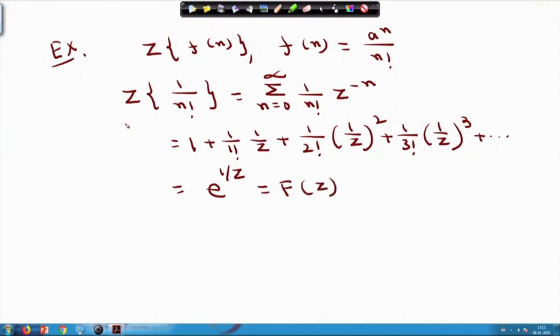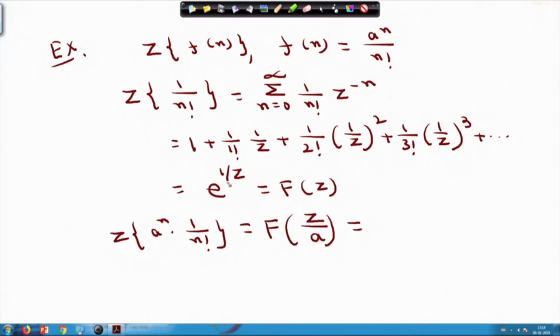Therefore, the z transform of 1 by factorial n is nothing but e power 1 by z. So, the z transform of a to the power n into 1 by factorial n, using the scaling property, is nothing but capital F of z by a, and capital F of z is e power 1 by z. So, that capital F of z by a will be equal to e power a by z.